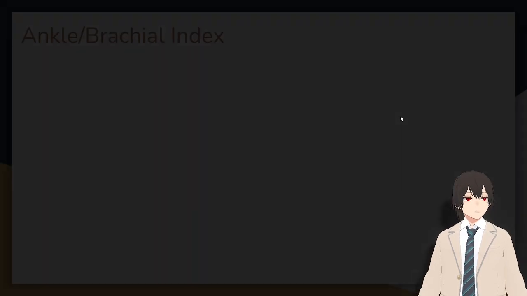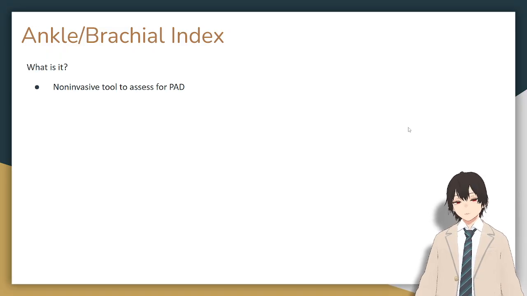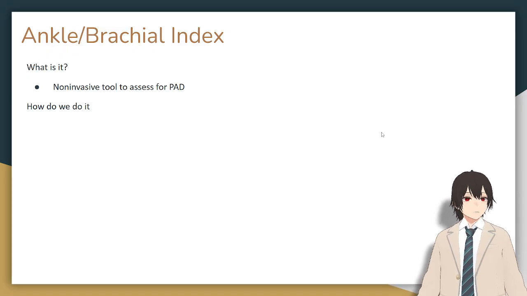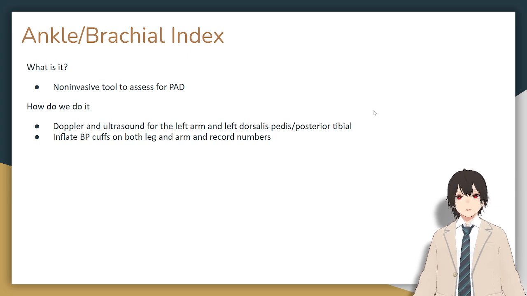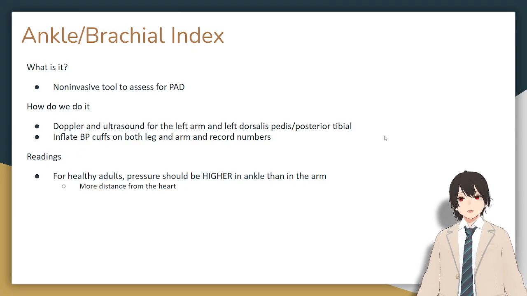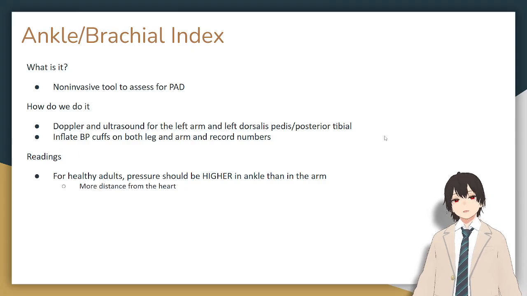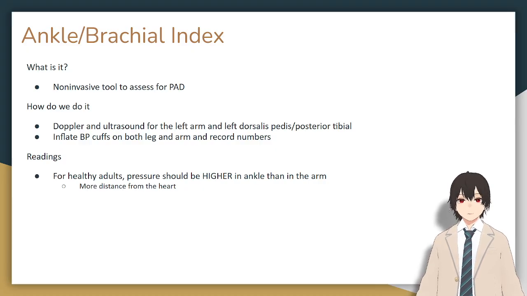Okay. Now, the ankle brachial index is basically a non-invasive tool for checking PAD. It's using a Doppler and ultrasound on the arm and the leg, and you want to inflate both cuffs. For healthy people, the pressure should be higher in the ankle than in the arm because it's further away from the body, so it needs more pressure to get there than the arm, which is closer to the heart.